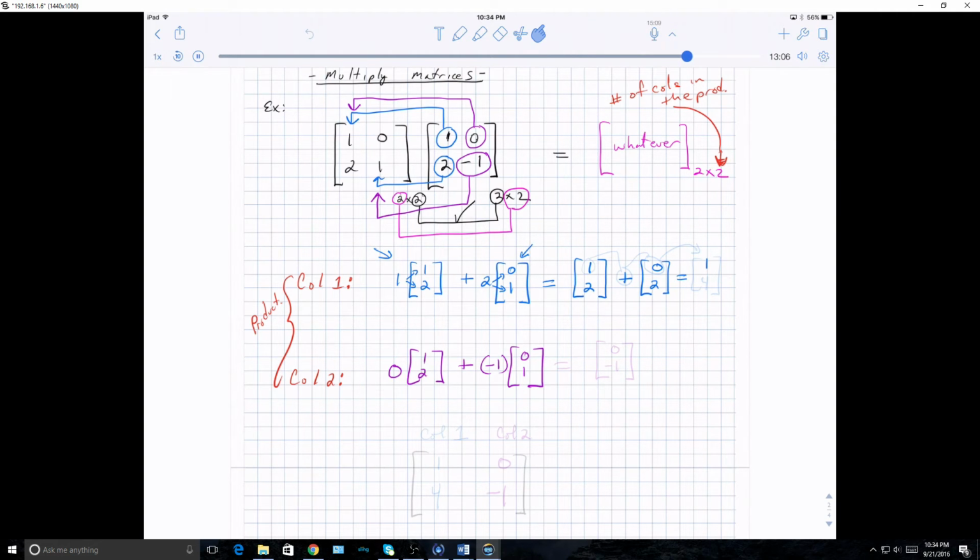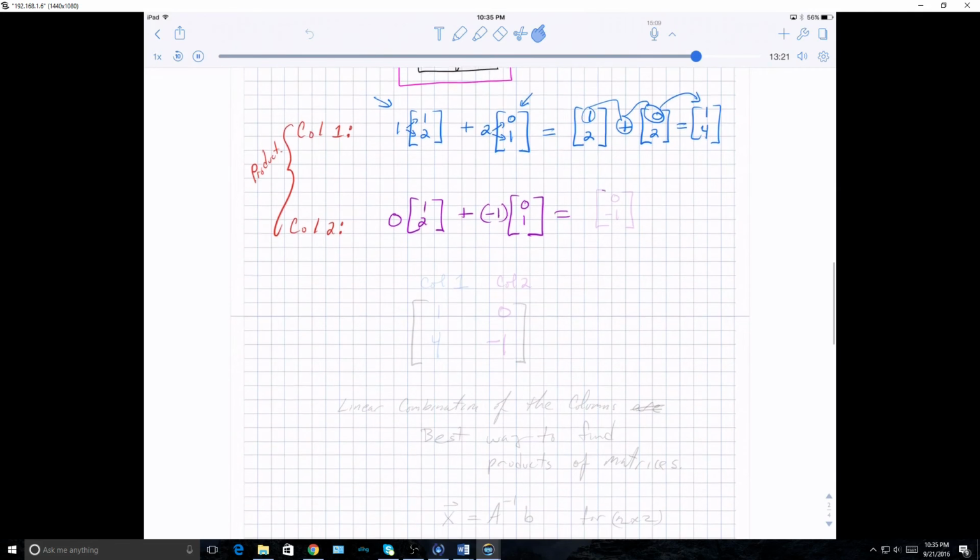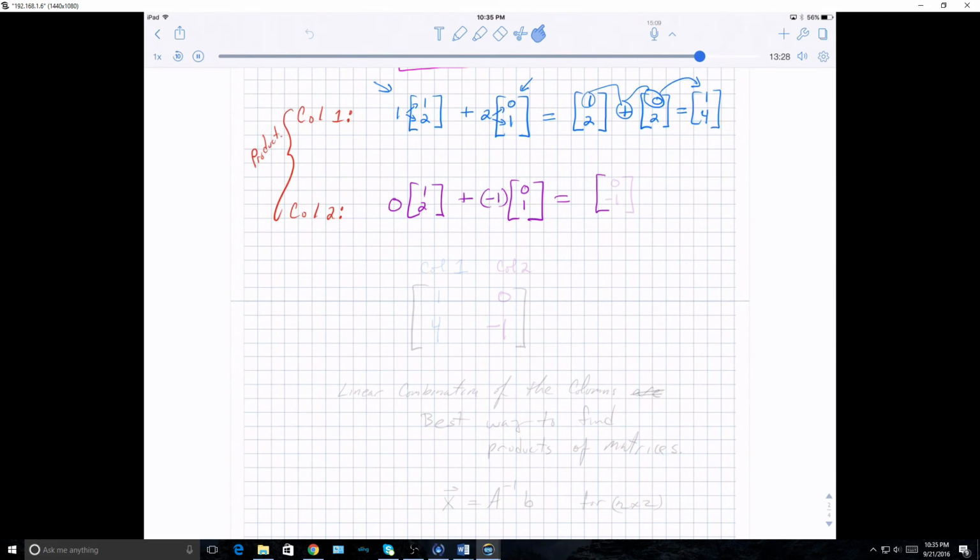So that's 1, right? 1 plus 0 is 1, 4. And let's do the other one here. And the first one just goes away, right? Because that's just 0. So all we're going to end up with is 0, negative 1.